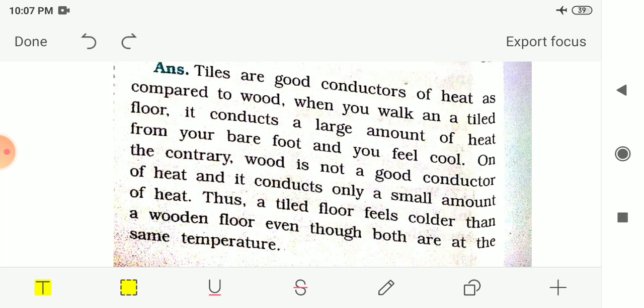As the tile floor is a good conductor of heat, it will carry heat from your feet to the environment, so we feel cool. Wood is an insulator, or poor conductor of heat, so it carries only a small amount of heat and cannot transfer the heat from your foot to the atmosphere. So you will feel warmer on wood and cooler on the tile floor, when both floors are at the same temperature.